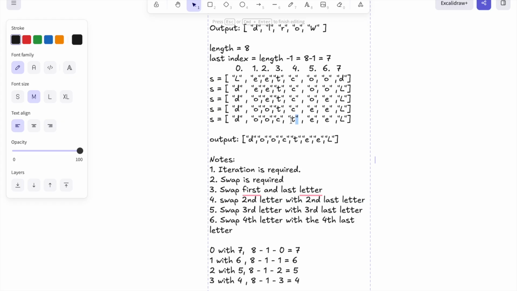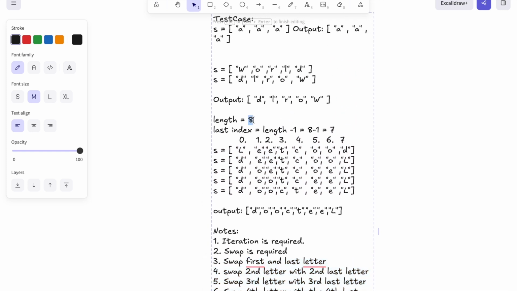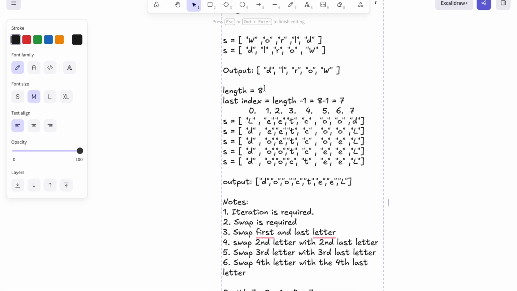That would be inefficient, as we would again reverse the whole string. So we need to do it for the center only, because as you can see here, we did 4 swaps. 4 swaps means length is 8, so we did only half of the length of swaps. So length is 8, 8 by 2 gives you 4, so we did 4 swaps at max.